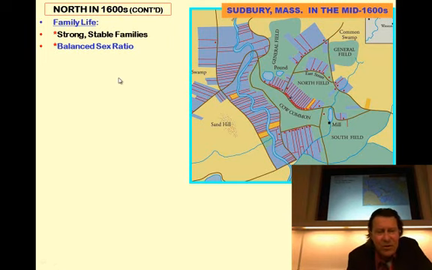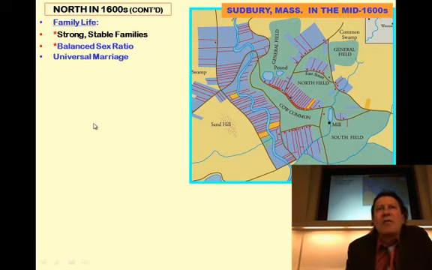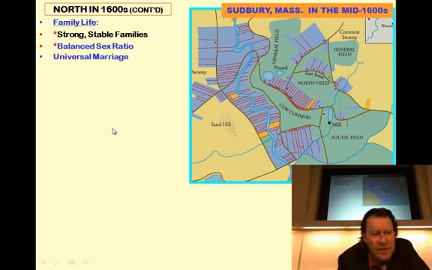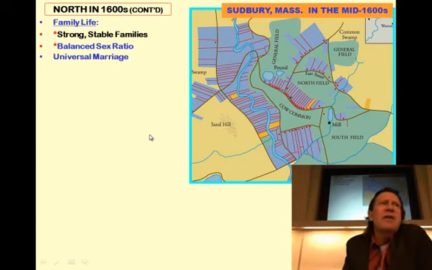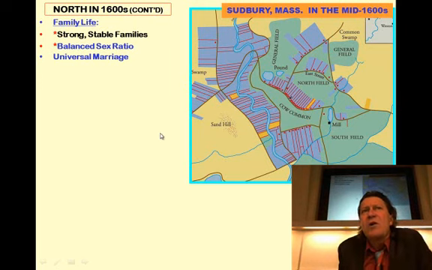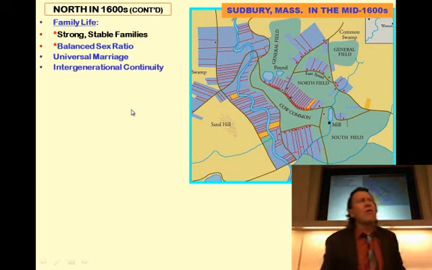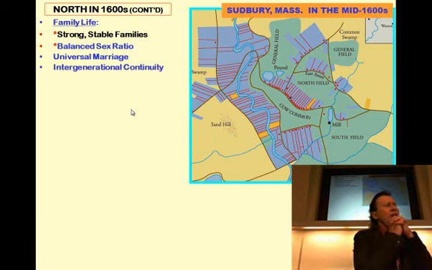It's part of their culture. So everyone is expected to marry. If you're able to marry and there's a mate for you, you are expected to marry. Someone who doesn't marry is violating the code of Puritan behavior. And therefore, since people are living so long, you're going to have a situation where you have living not only grandparents, but very possibly great-grandparents, and then grandparents, and then the parents, and then the kids.